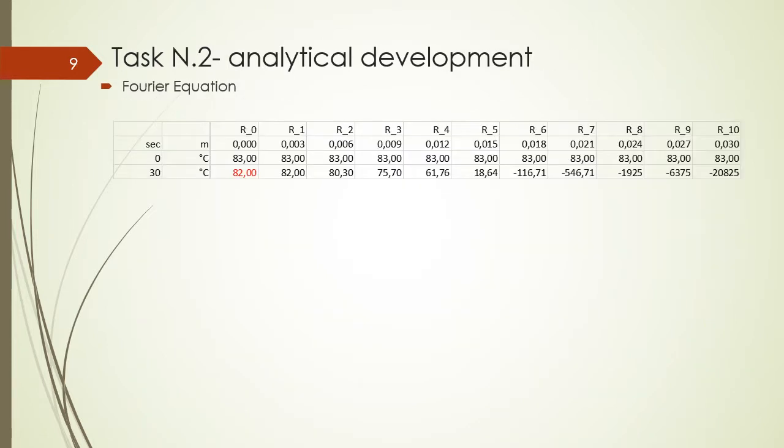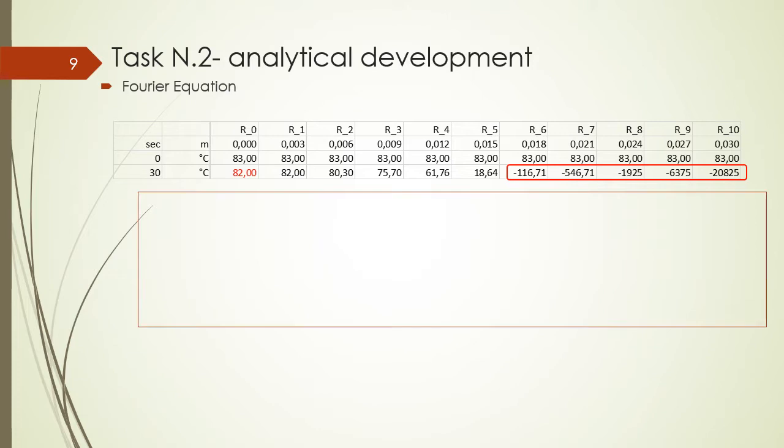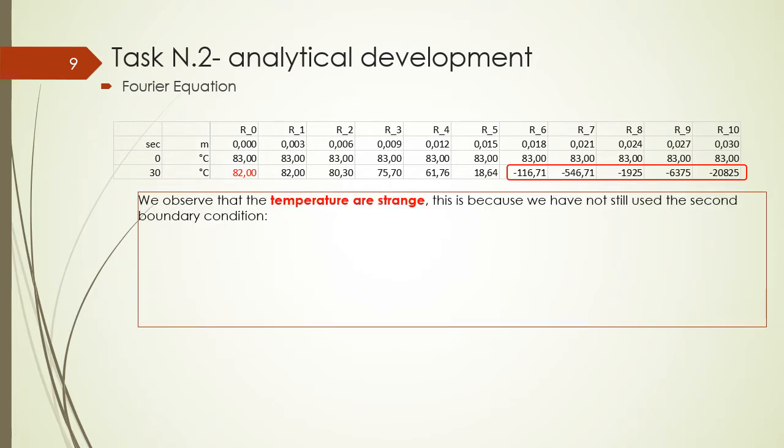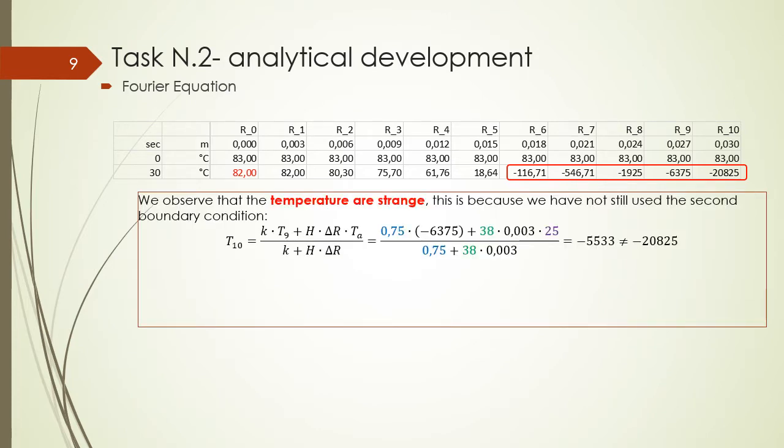See the result of our iterative formula in the last row, referring to time 30 seconds for the different radius. But we notice that the values are becoming very strange, even negative values for the temperature. What does it mean? Actually, we forgot to use the second boundary condition.